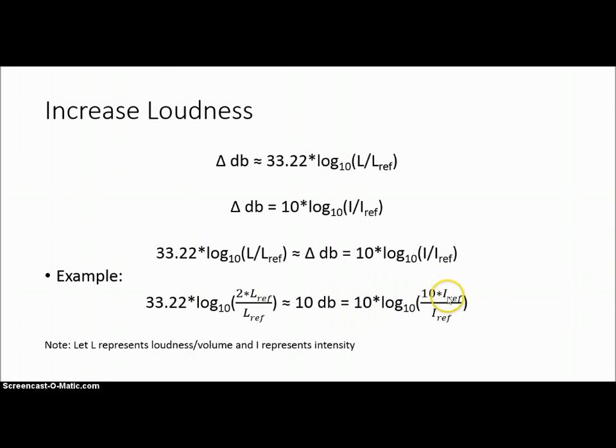And if we do the same thing using intensity, multiplying the intensity of some reference value found within the vector by 10, then taking log base 10 and multiplying by 10, that would also give us 10 decibels. So in other words, if we increase the intensity by 10, it sounds like we've increased the loudness by 2. Okay, so you see that relationship.